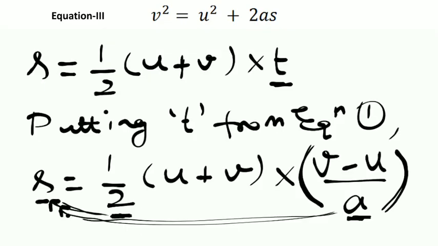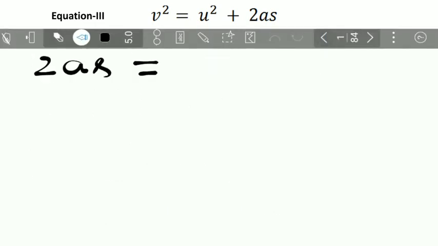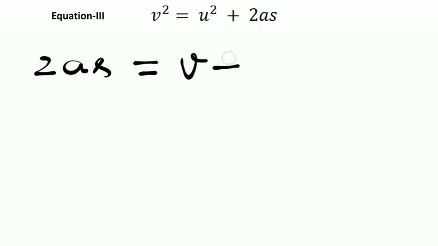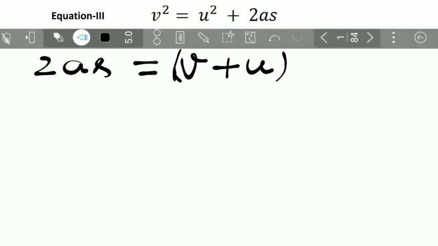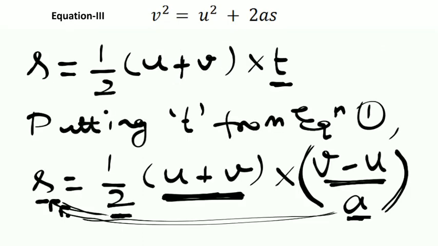now watch here, this is u plus v and this is v minus u. This u plus v can also be written as v plus u. So write v plus u into v minus u.